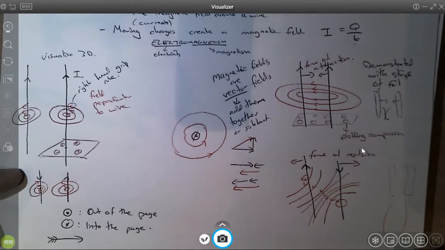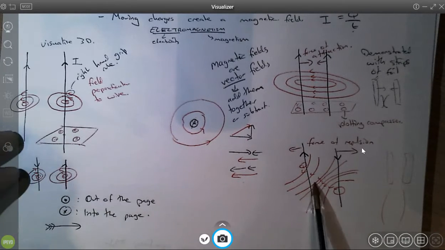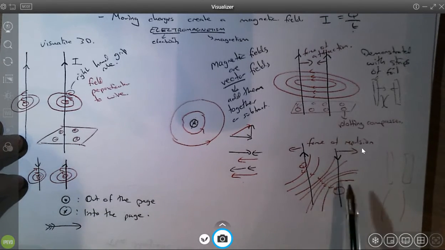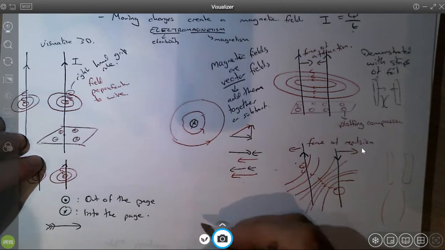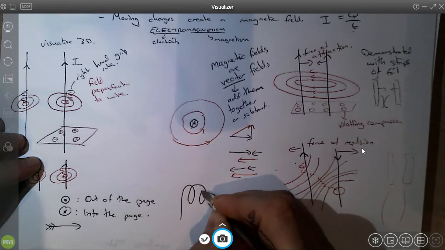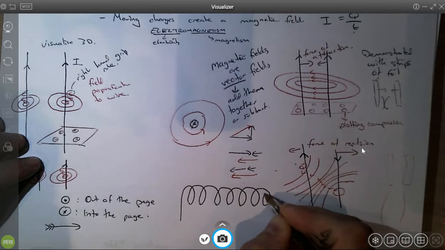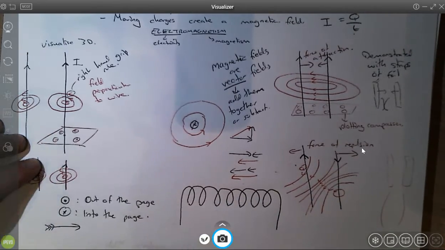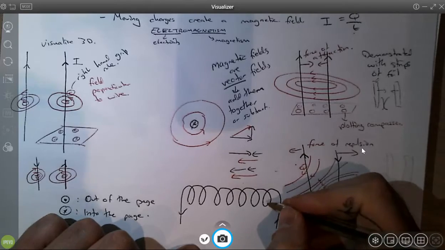The very last place we're going to go with this is we're going to think, what if we had lots and lots and lots of wires all like this with the currents in opposite directions to all of them? What we're actually now creating is a solenoid, a coil of wire. And we looked at this when we looked at electromagnets and uses of electromagnets. So with a solenoid, let's put the current going in this direction here. What do we have?